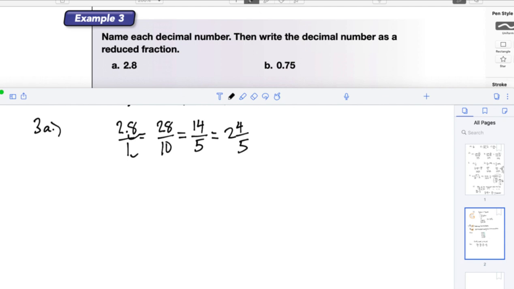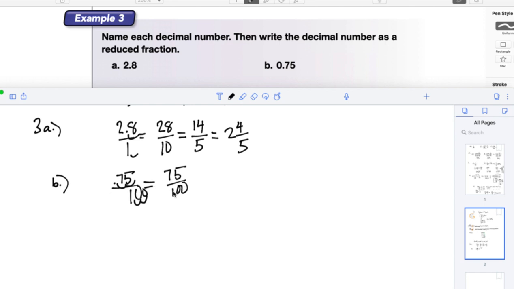So it makes sense. Okay, so if we're going to be changing 0.75 or 75 hundredths into a fraction, I'm going to just put that 0.75 over 1, and then I'm going to do what I did before. I'm going to move the decimal place over enough so I have a whole number in the numerator, and however many times I move that decimal place in the numerator, I got to do the same thing in the denominator to maintain equality.